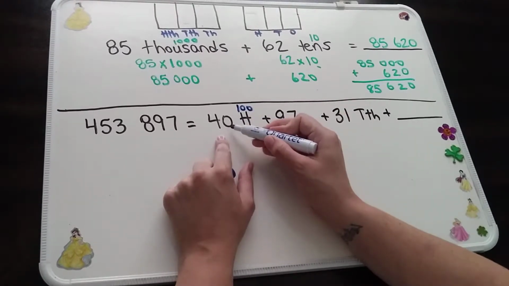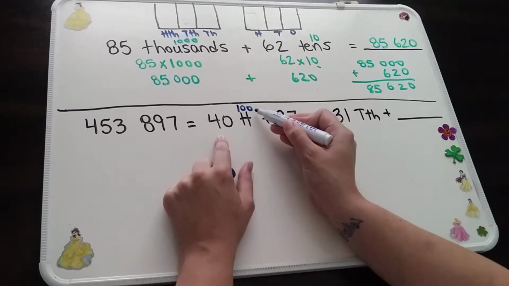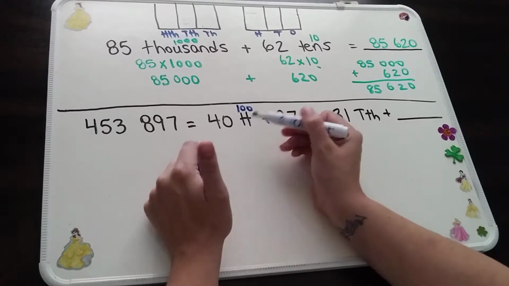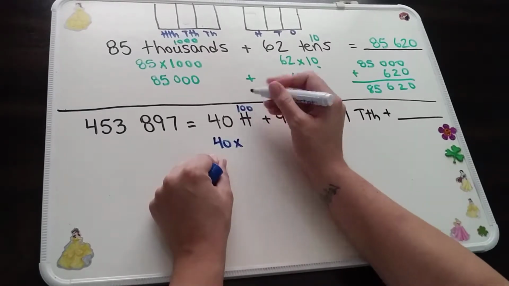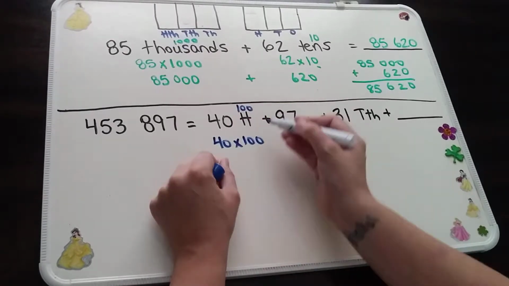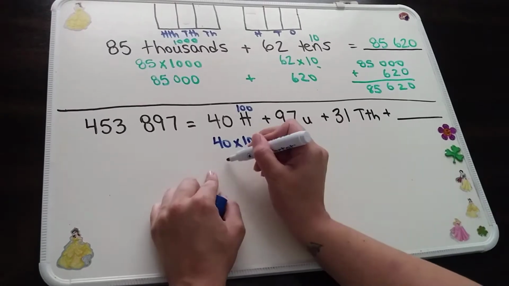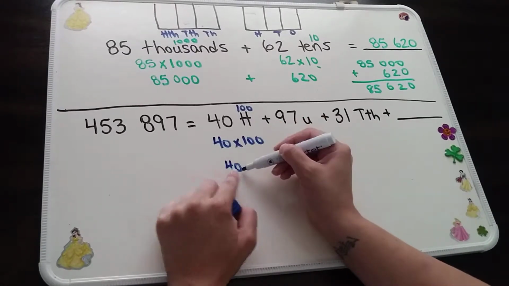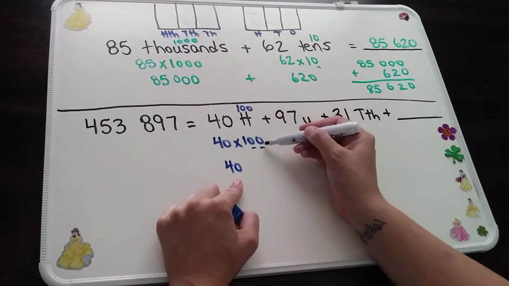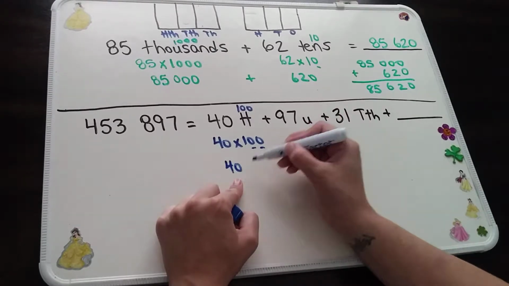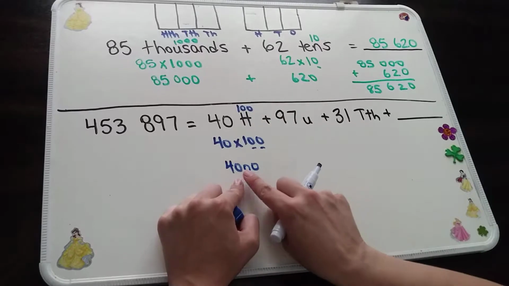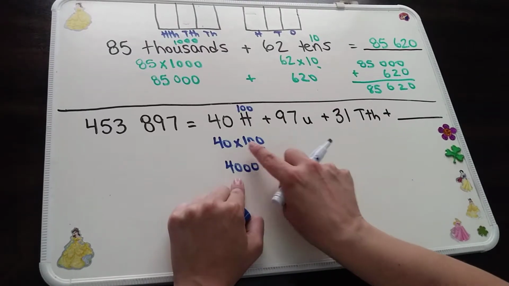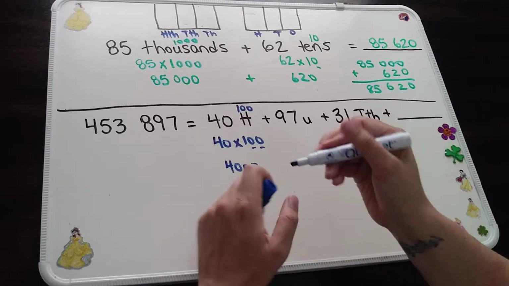And I know that if I have 40 hundredths, I'm multiplying by 100. So I have 40 times 100. So again, I'm taking my original number, 40, and just adding the number of zeros I need to it. 1, 2. So 40 hundredths is the same thing as 4,000, or 40 times 100 is 4,000.